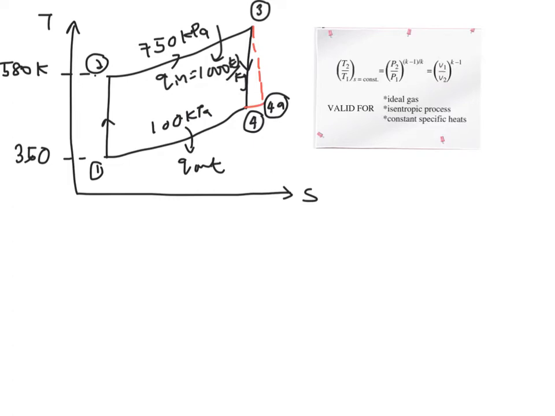So I will show you how to make use of these relations. The first question asked is for you to find your T3, and in the question, state 1 and state 2 are already given.